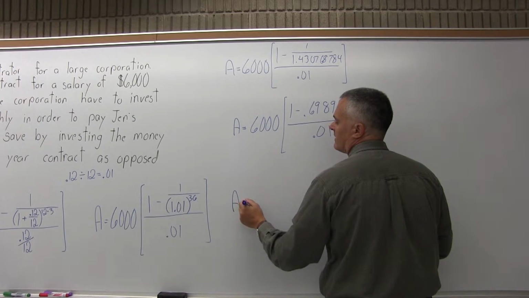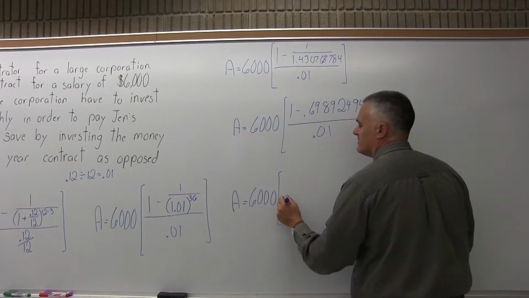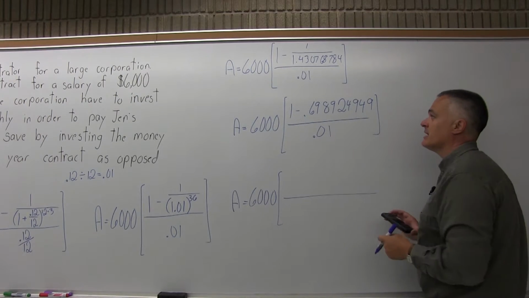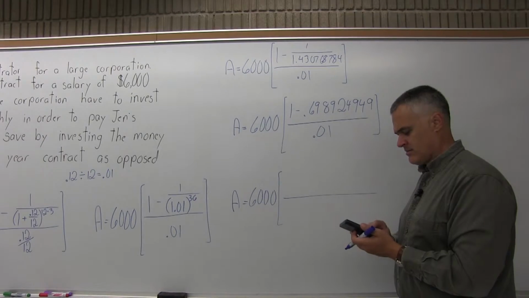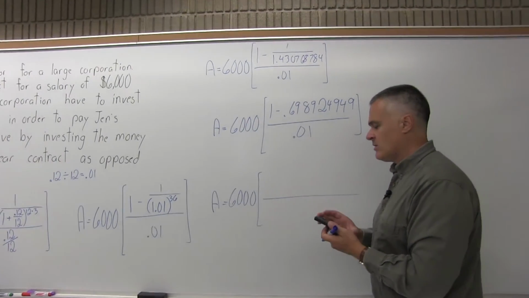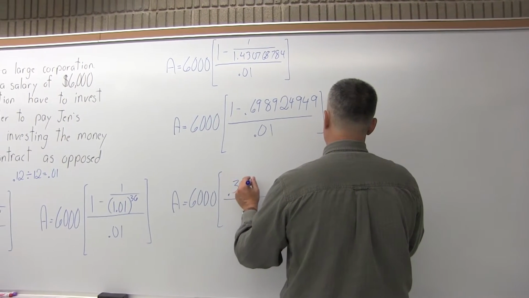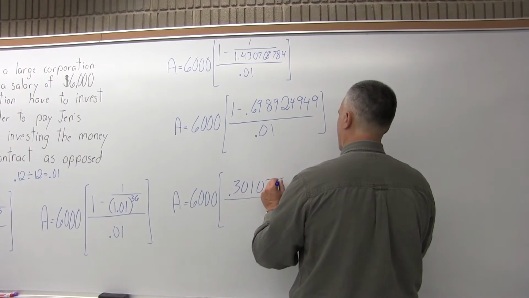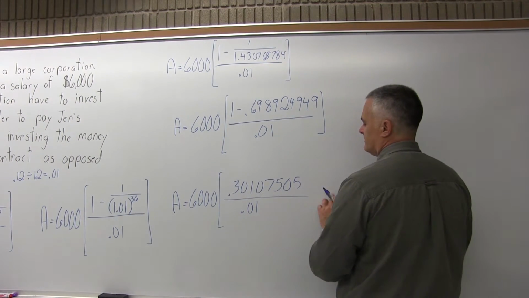I'll have A equals 6,000 times, in the numerator of the brackets, I'm going to do 1 minus 0.6989244949, which will give me a result of 0.30107505, and in the denominator, 0.01.